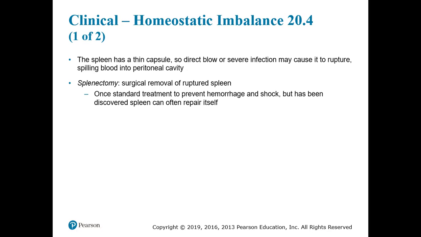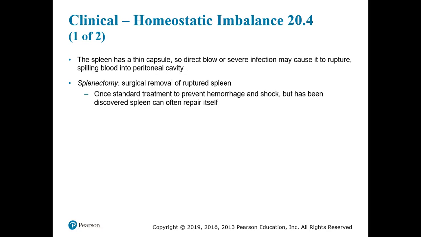Now, it is also possible to have bleeding due to an infection, but most likely, probabilistically, the scenario that presents of spilling of blood into the peritoneal cavity is going to be due to some sort of accident that has caused trauma to the spleen.